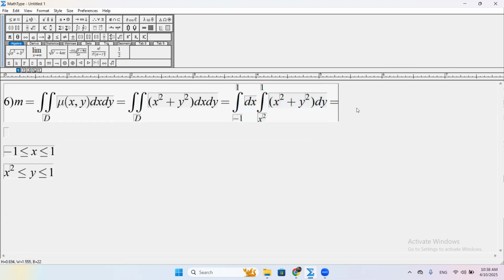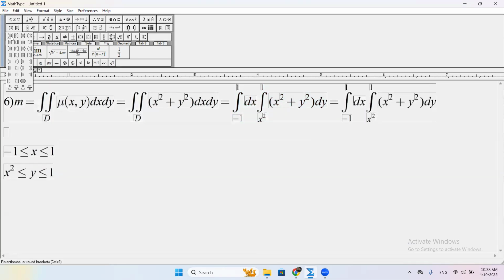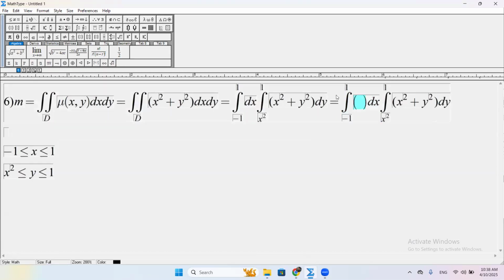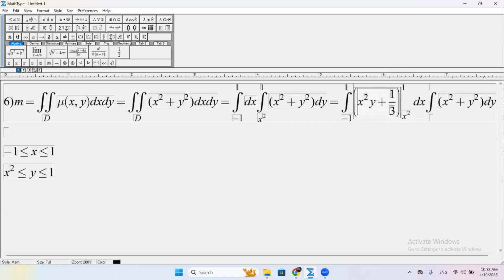So now let's integrate firstly by y. So x squared y plus 1 over 3 y cubed.